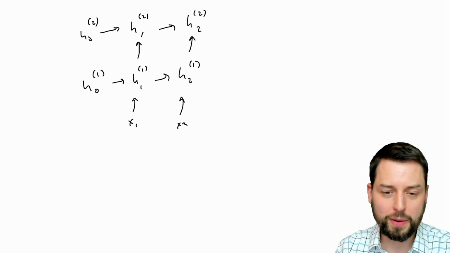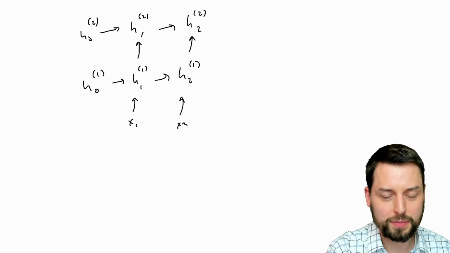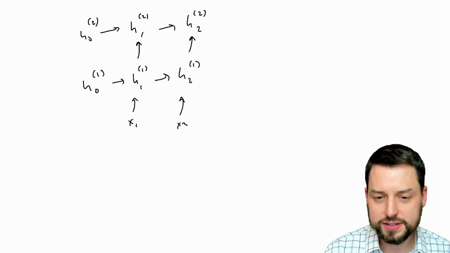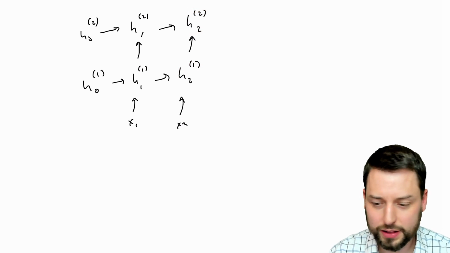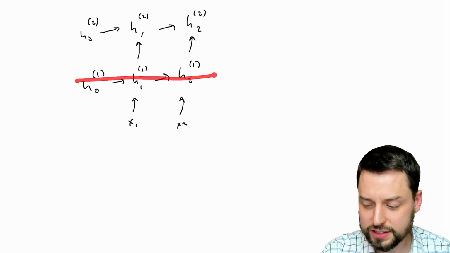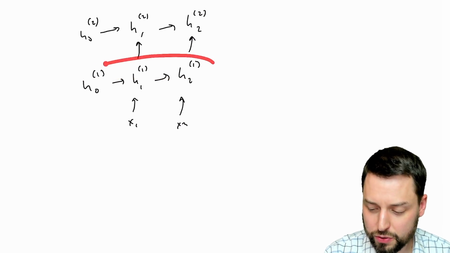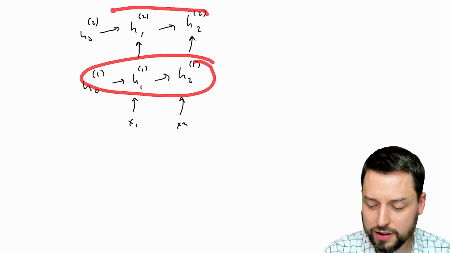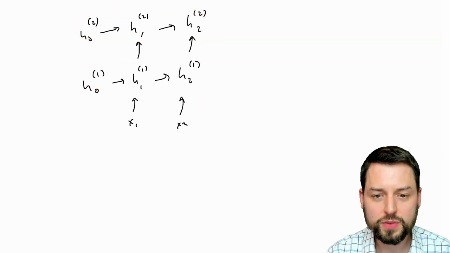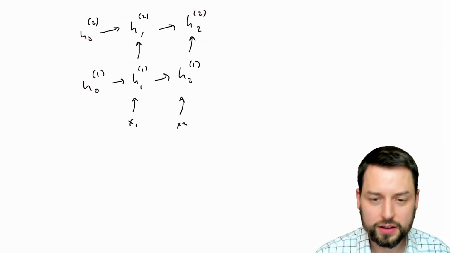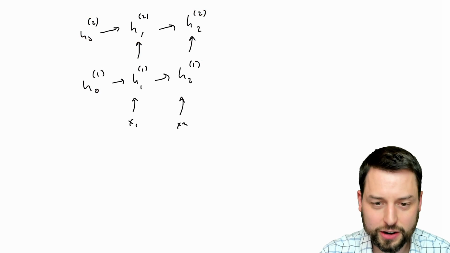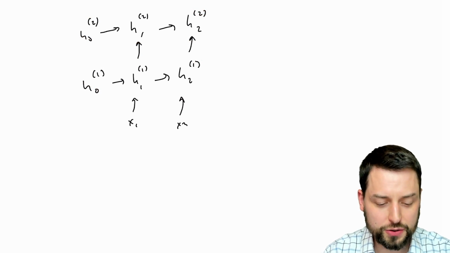I could iterate layer by layer and then iterate time by time. But because the LSTM call runs an LSTM over a whole time sequence, it's much more common to compute this whole layer here and then use that to compute this whole layer there, for a deep multi-layer LSTM or a multi-layer RNN in general.